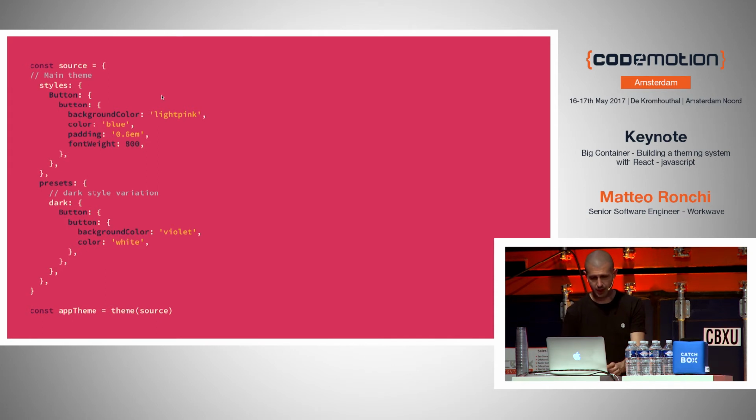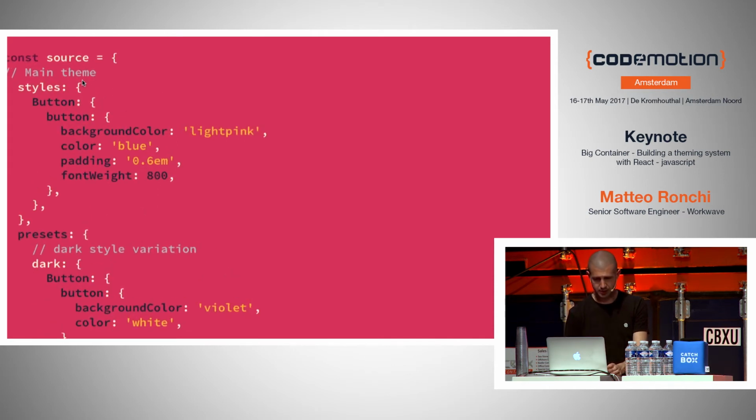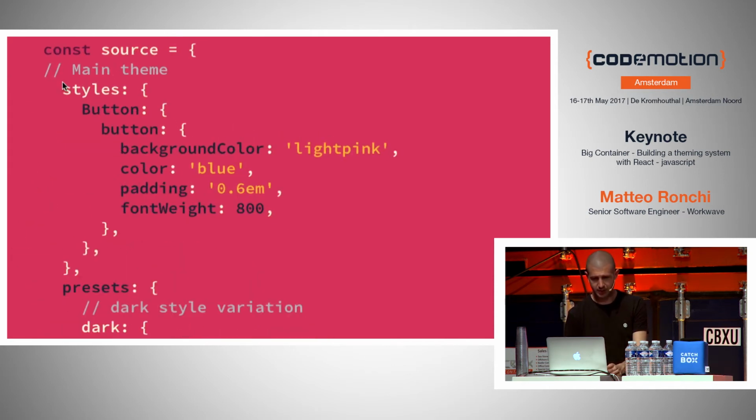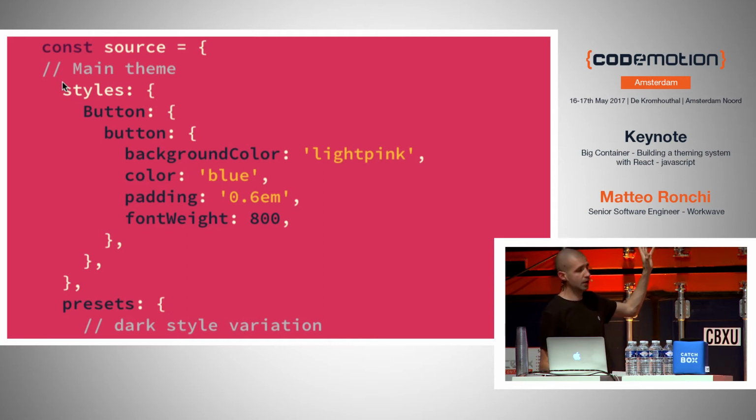I'm not sure this bit is big enough, let me zoom it. So this is a very basic idea of what our theme could be. This example uses the component-based approach. So inside styles, we have a button category that exposes a single class, button, with a background, a color, et cetera.